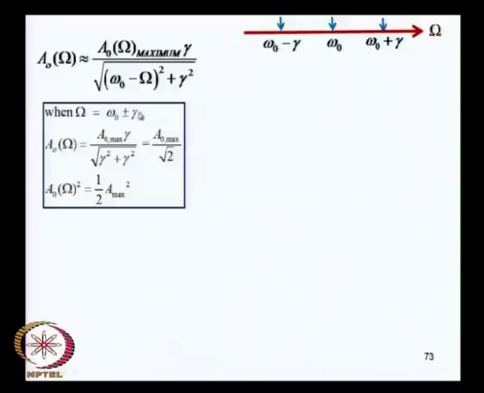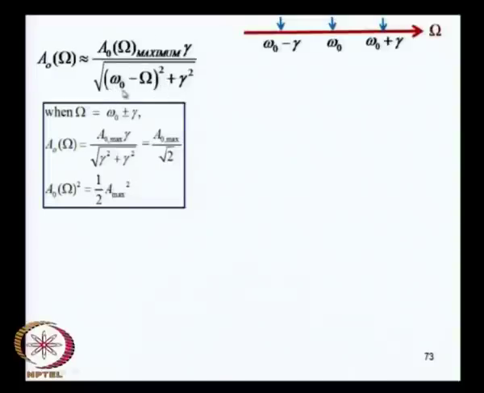But if you go not too far, but go through a distance in units of frequency determined by the damping coefficient, so you have got omega 0 plus gamma on the higher frequency side and omega 0 minus gamma on the lower frequency side, you are looking at a frequency range from the lower end to the upper end, which is made up of twice the damping coefficient, twice gamma.